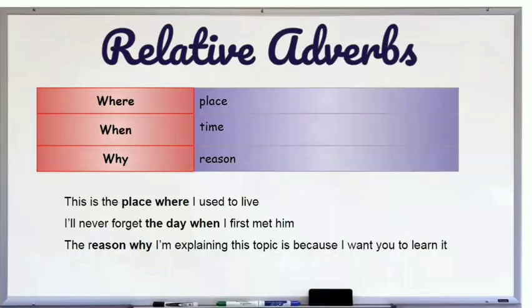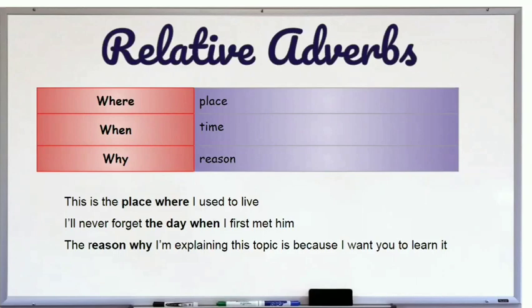And finally, let's talk a little bit about relative adverbs. Careful with relative adverbs because you may confuse them with adverbial clauses. But again, take into consideration the theory and it will be easy for you to understand it. So we are going to focus on where, when, and why.